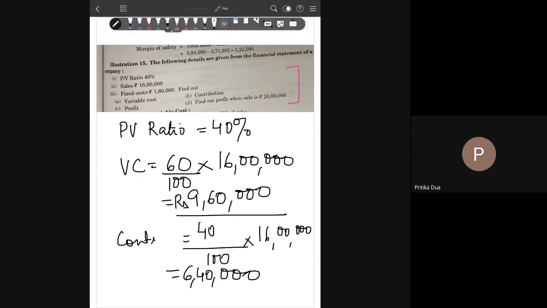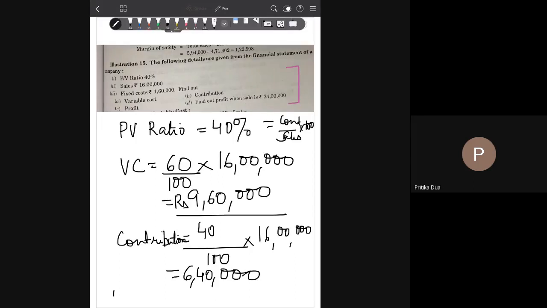Taking the original formula of PV ratio, which is contribution upon sales into 100, 40% contribution, 60% variable cost on every 100 rupees of sales made, and hence we get the variable cost as 9,60,000, contribution as 6,40,000. Profit will be contribution minus the fixed cost.